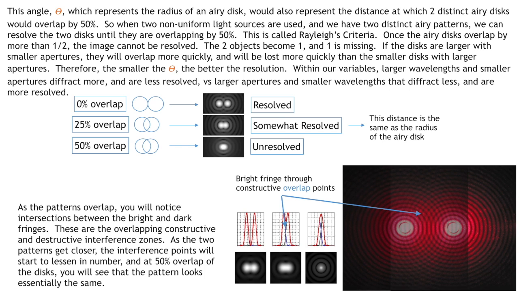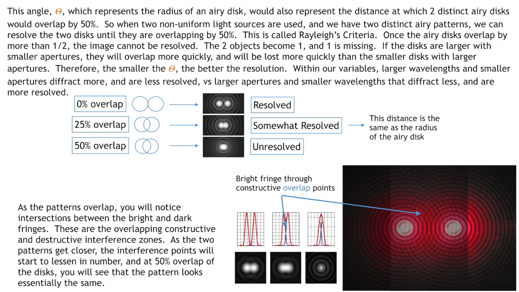So as the patterns overlap, you'll notice intersections between the bright and dark fringes. So this kind of crisscross pattern, where the minimums overlap with and the maximums overlap with each other, creates interference patterns between the bright and dark fringes. And these are constructive and destructive interference zones. So as the two patterns get closer, the interference points will start to lessen in number.